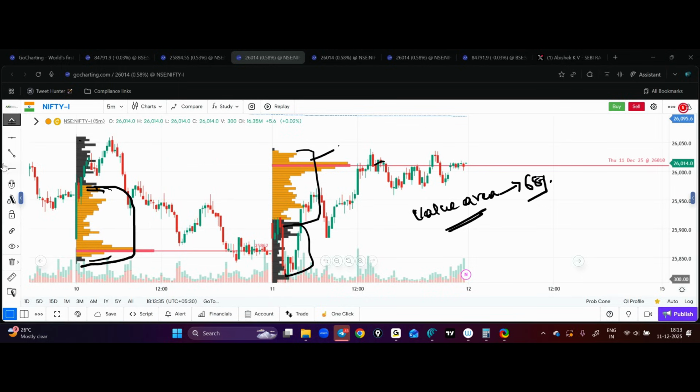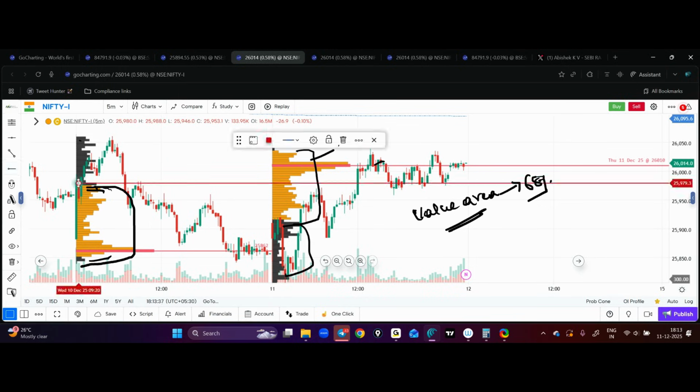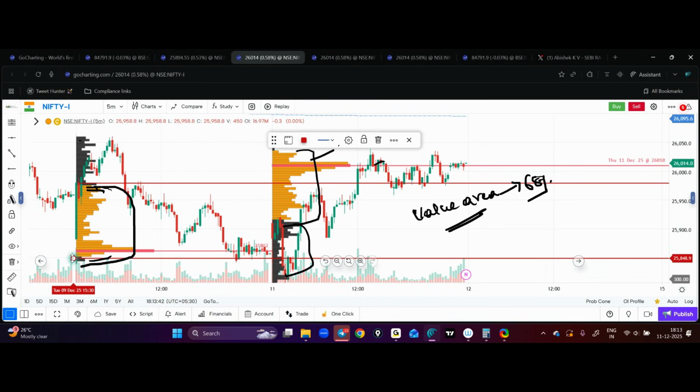So within this 180 point range, this area, 25,980 to 25,848, roughly 120 points, is where I see the highest volumes traded yesterday as per volume profile. So I would give more importance to this area, the kind of volume activity that is happening over here, if price is in this region, before I give importance to any other region. So this is my value area, the 68% range.